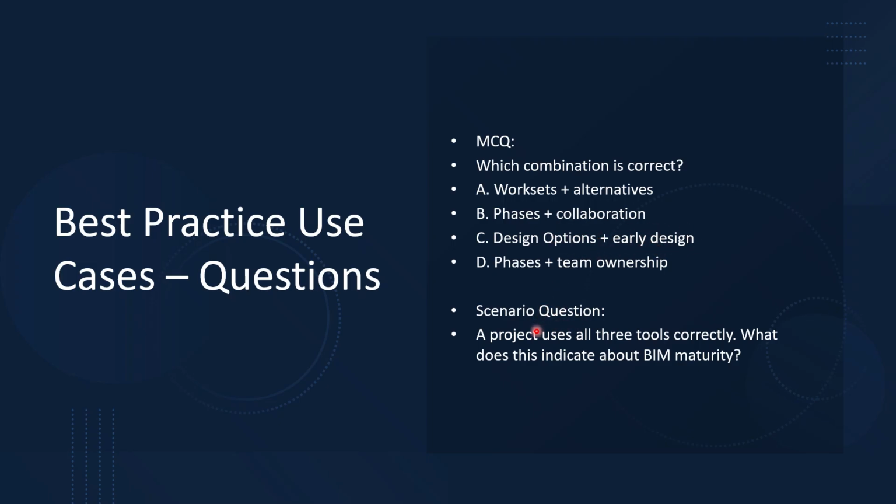Scenario-based question. A project uses all three tools correctly. What does this indicate about BIM maturity? So if a project uses all of these three tools correctly, it's all about BIM maturity. The firm or the team is using the BIM tools and the BIM concepts correctly.